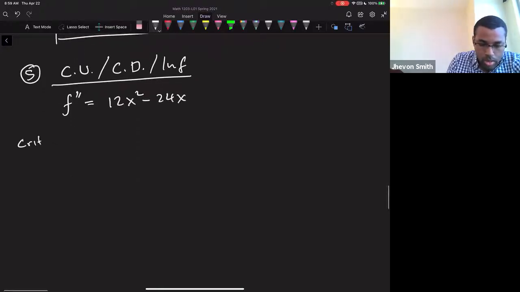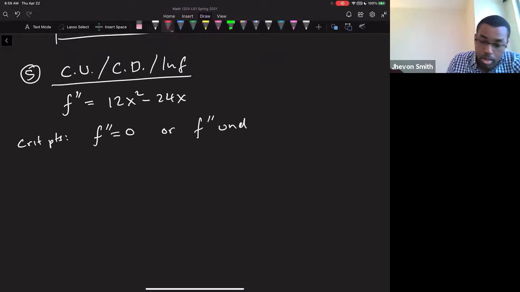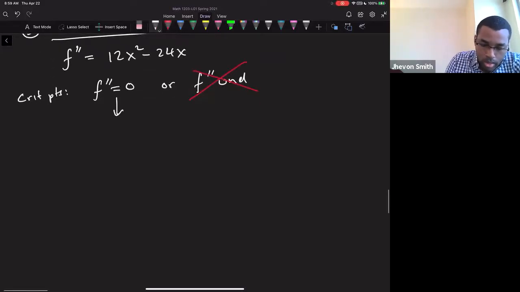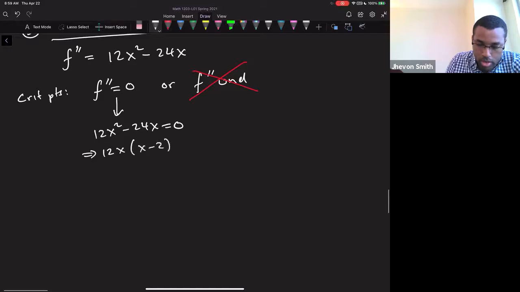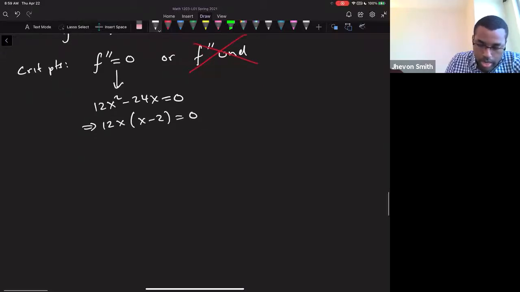Again, we want the critical points here. So we need f double prime equals 0 or f double prime undefined. F double prime is a polynomial, so it's never going to be undefined. However, it hits 0 when 12x squared minus 24x equals 0. I can factor out a common 12x, which leaves me with x minus 2. So I get x equals 0 and x equals 2.